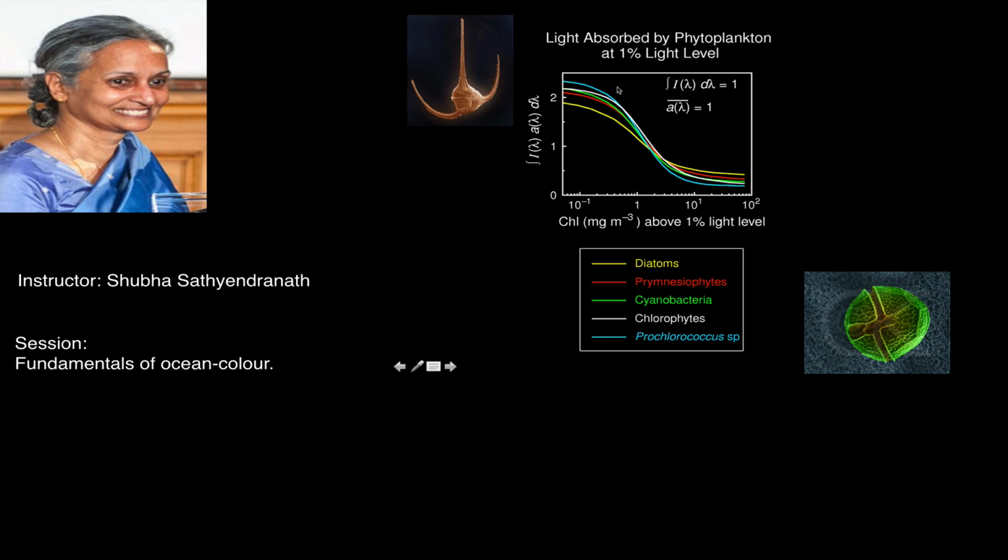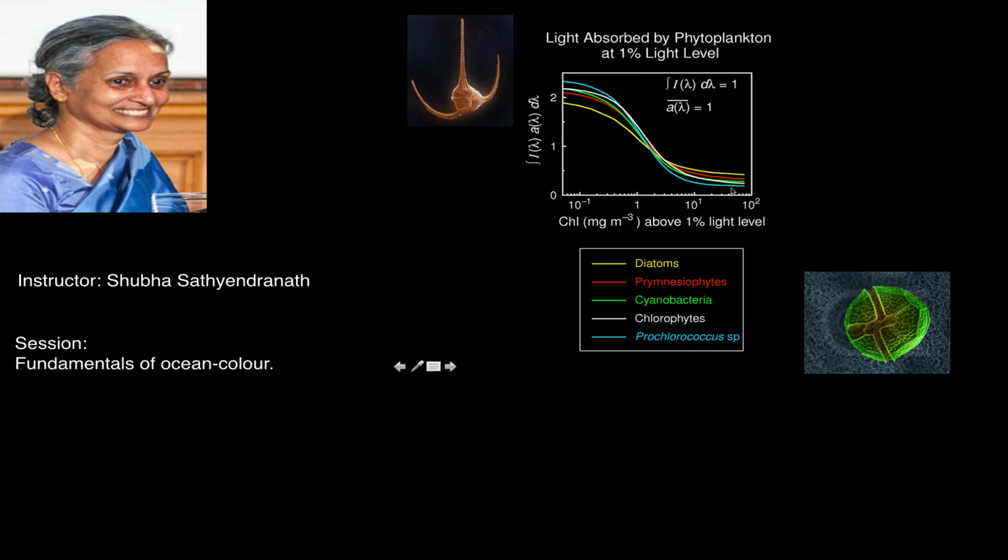And in one of the exercises that we did some years ago now, what you see is that in the very oligotrophic blue waters, small cells such as Prochlorococcus and chlorophytes do relatively well in absorbing.